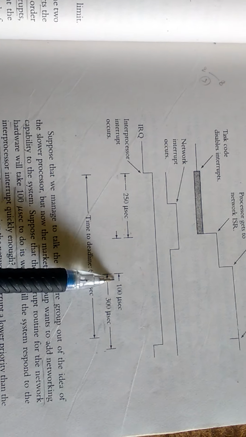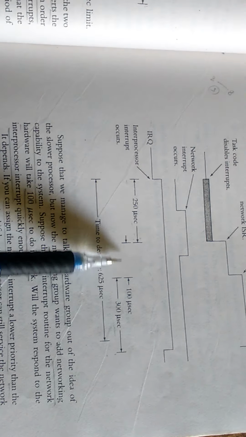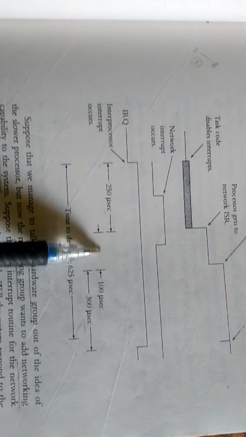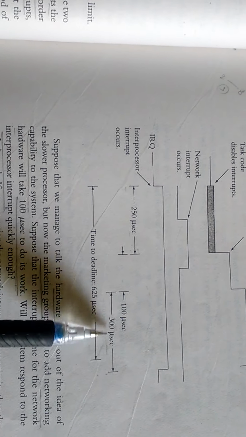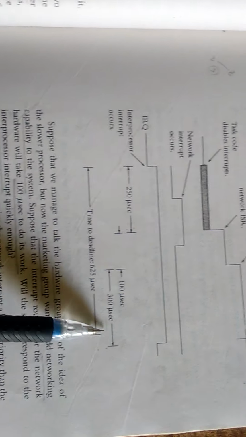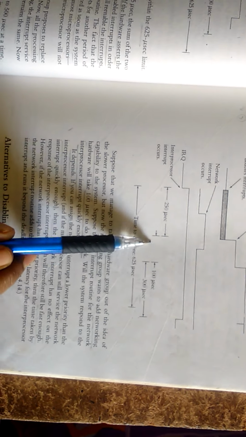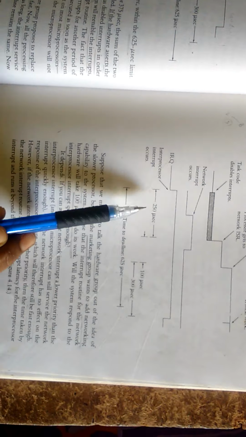If the networking capability has higher priority, that means 250 plus 100, that is 350, plus 300 means put together it will be 650 microseconds, and it cannot meet the 625 microseconds deadline. Suppose the interrupt execution is at higher priority than the network, it will be 250 plus 300, that means within 550 microseconds the task can be completed.